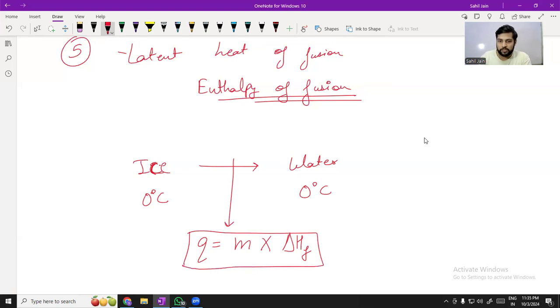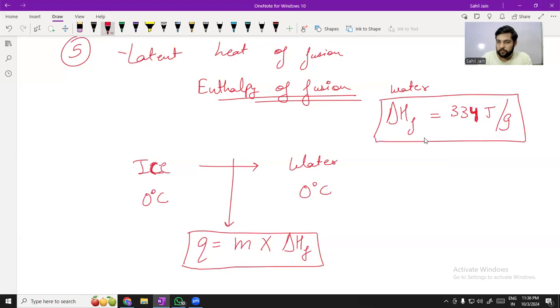So this delta H_f also has a fixed value. If I'm talking about water, this value goes like 334 joules per gram.